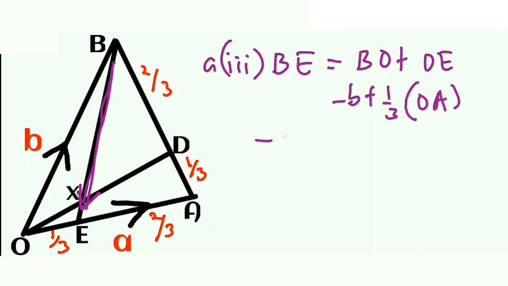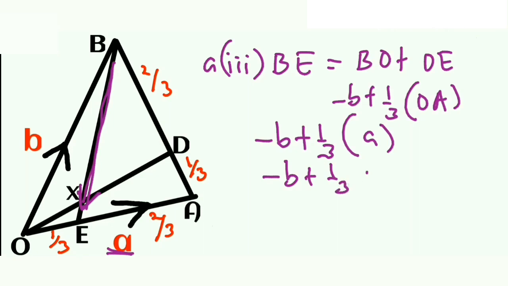So it's minus B plus 1/3, then the value of OA equals A. So it's minus B plus 1/3 A. Finally, 1/3 A minus B. So this is the answer for A part 3.